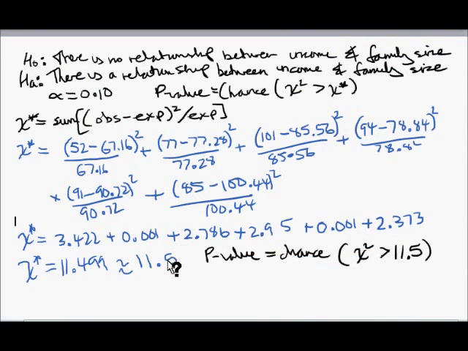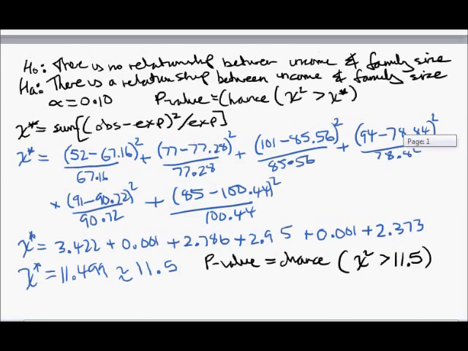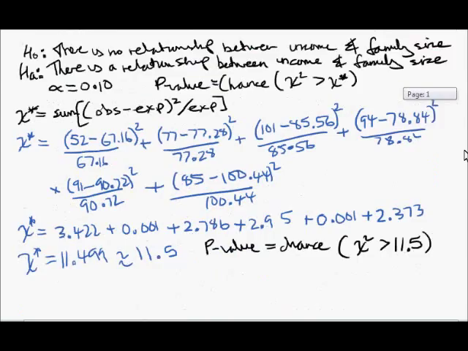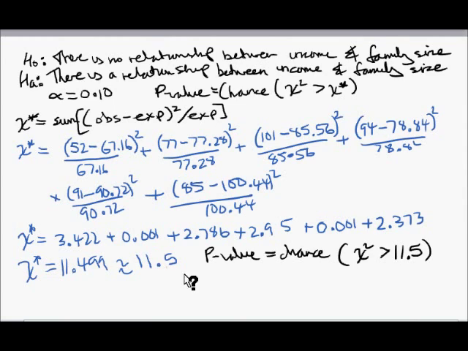Okay. So the last thing we need before we can use the tables, if you go back, remember we had degrees of freedom. Degrees of freedom are the number of rows minus 1 times the number of columns minus 1. So we need degrees of freedom here.